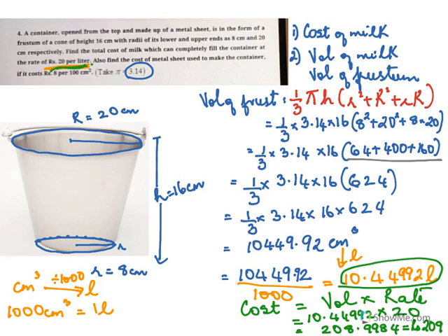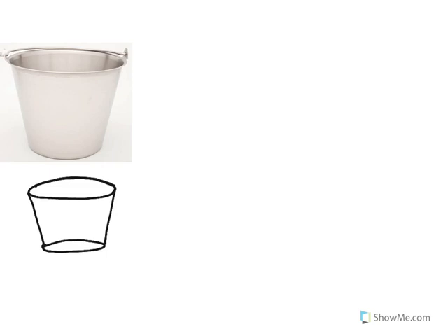So all the milk here, this milk for which we found the volume, will cost 209 rupees. And next we have to find the surface area. Now to find the surface area, let us see how many surfaces we are dealing with. We need to know this is the base.